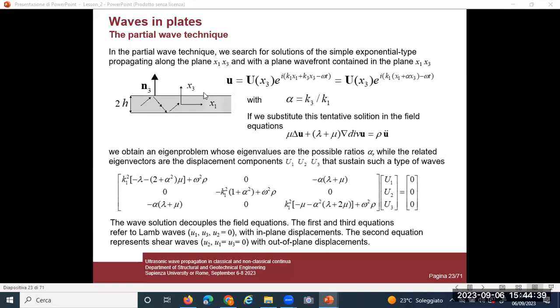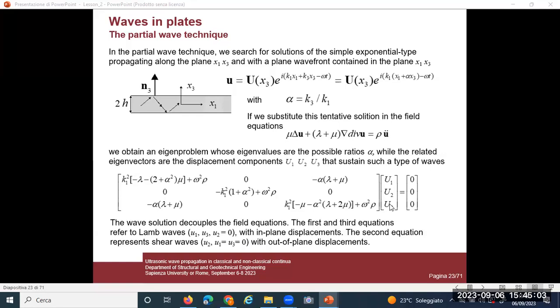Which kind of wave is that? It's a shear wave. This is a shear wave, while the other two waves imply displacement according to x1, p-like waves, and according to u3, bending waves.